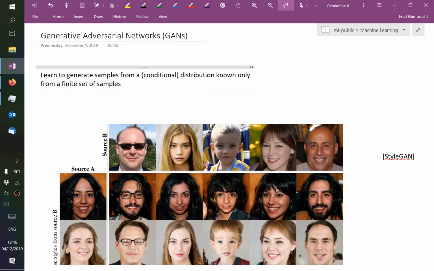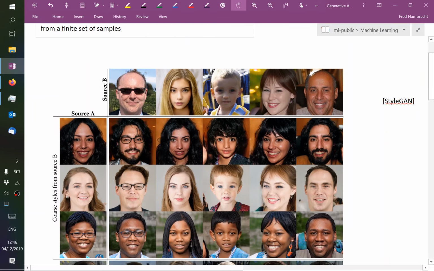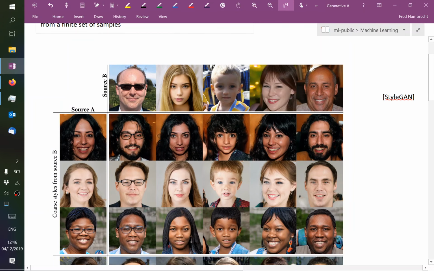Here, there are literally thousands of papers on this topic since 2014. I've grabbed a random one just because it makes pretty pictures. It is not a vanilla GAN, but it conditions on things, and there's a lot of engineering that went into this, and I don't want to discuss it.